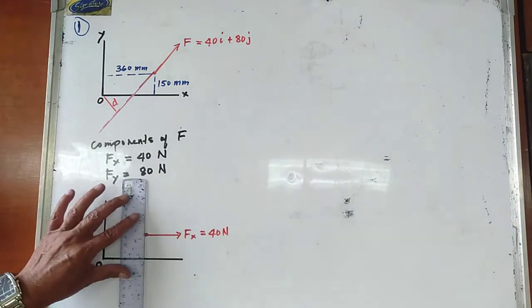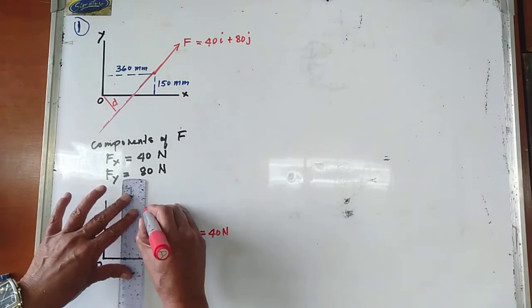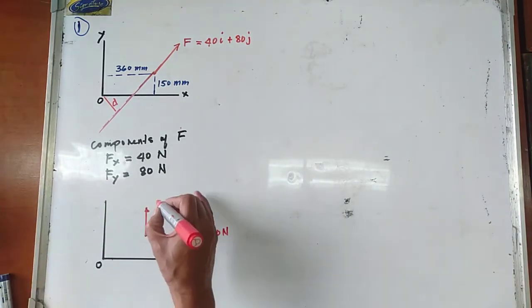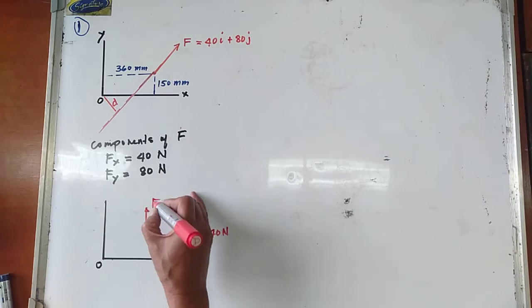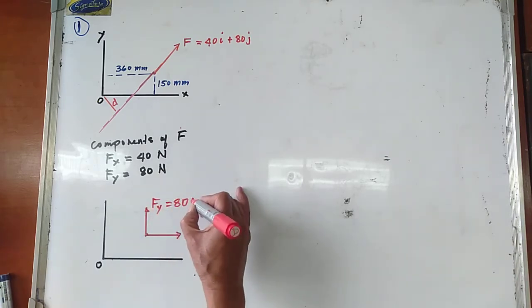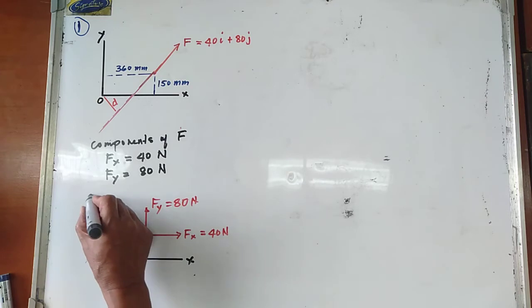And then we now have your Fy. So your Fy is equal to 80 newtons. We have the x, and this is now your y.